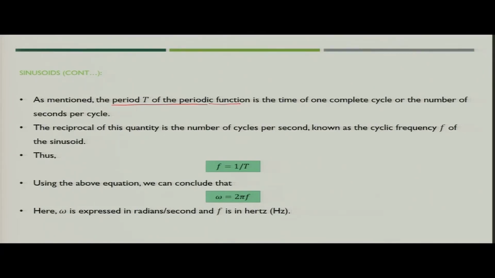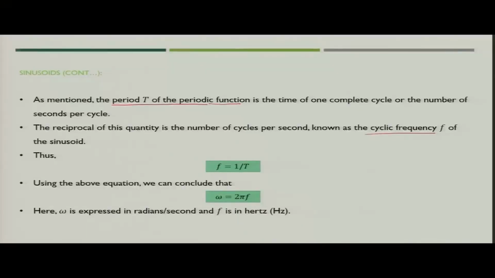Now, let us try to find out another quantity which is called cyclic frequency. In general terms, we do not say cyclic frequency, we simply say frequency, right. So, what is frequency f? F is nothing but the value of 1 by capital T, that is the time period.